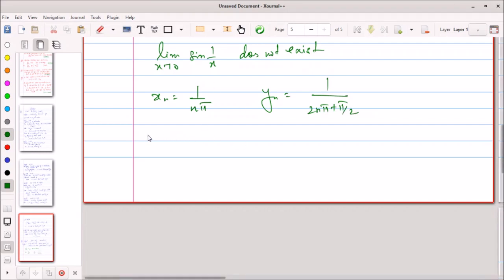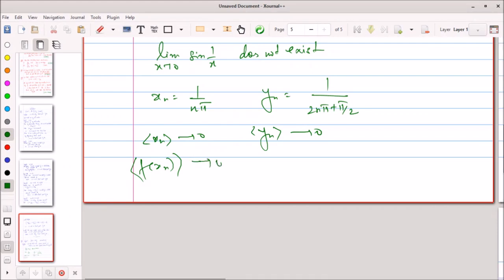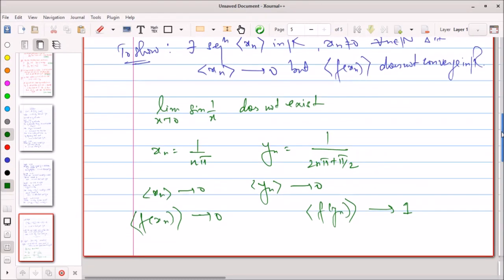We showed that x_n converges to 0, y_n converges to 0, and f(x_n) is the constant sequence 0 and f(y_n) was the constant sequence 1. Now we will take the two sequences alternately, and this is how we will construct our required sequence in this question.